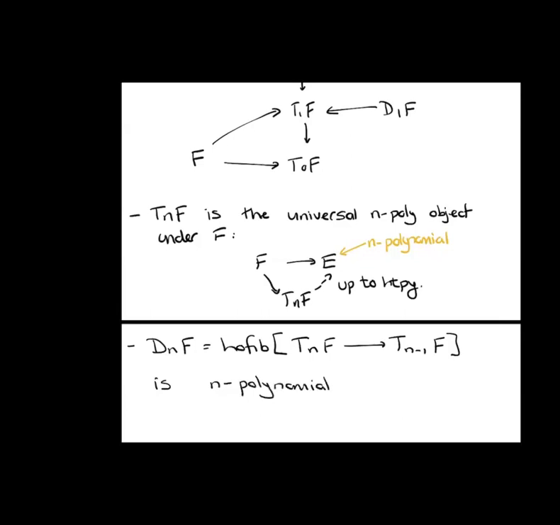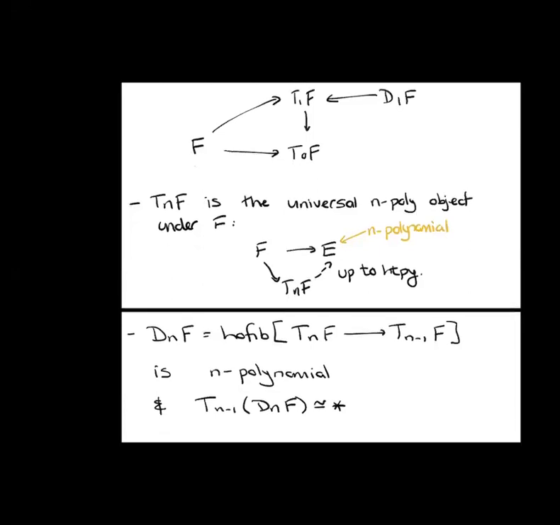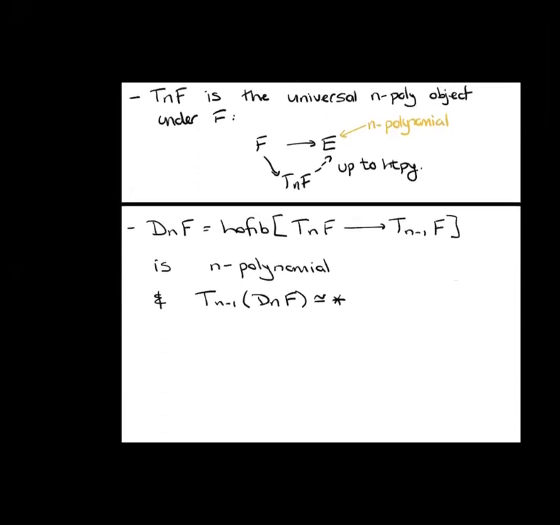Something that's n minus 1 polynomial is n polynomial, so the n minus first polynomial approximation is n polynomial. And if you take the fiber of a map between polynomial things, you end up with a polynomial thing. And even more, it has trivial n minus first approximation. When these two things happen together, we say that it is n homogeneous.